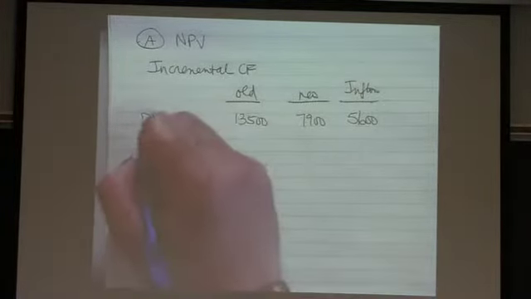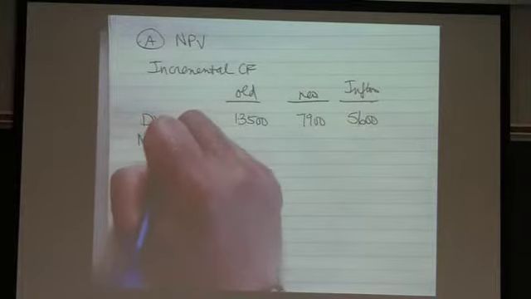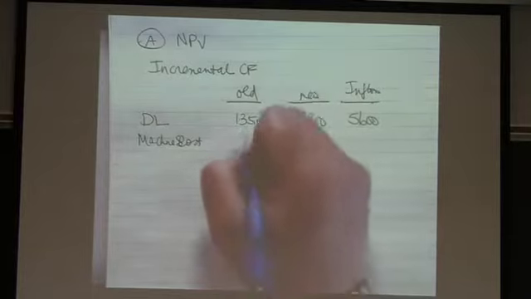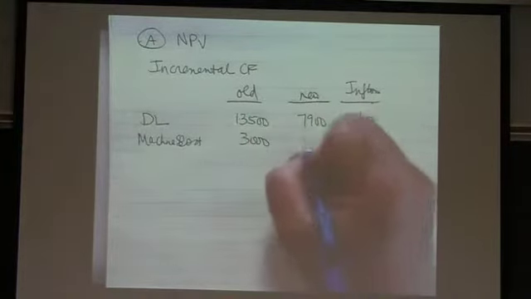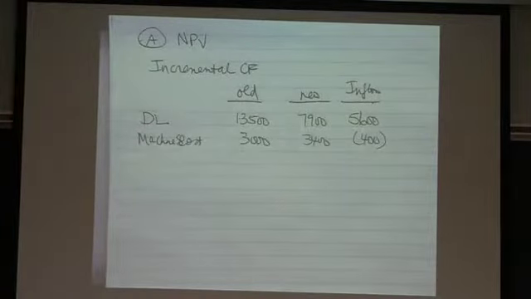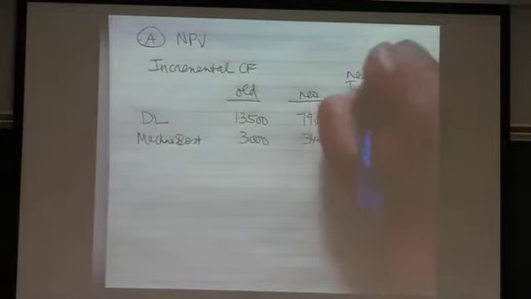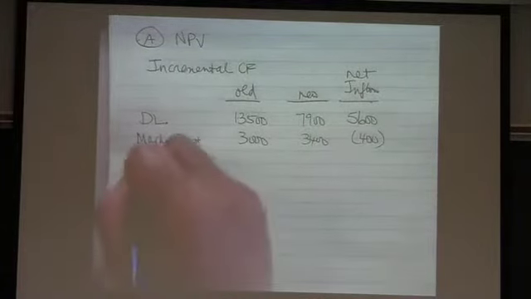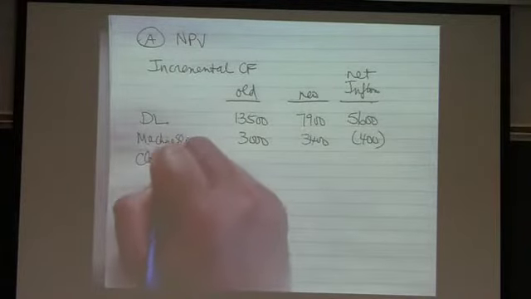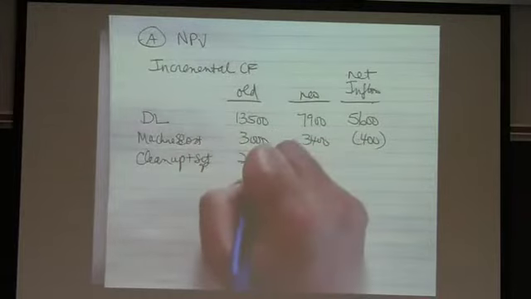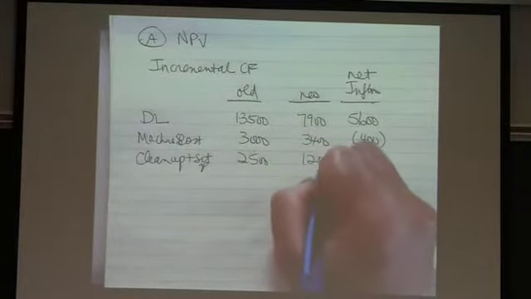Okay, machine setup cost. The old is $3,000. The new is $3,400. So we're going to have a net outflow of $400. Now, what about cleanup and setup? That's $2,500 for old and $1,200 for new.